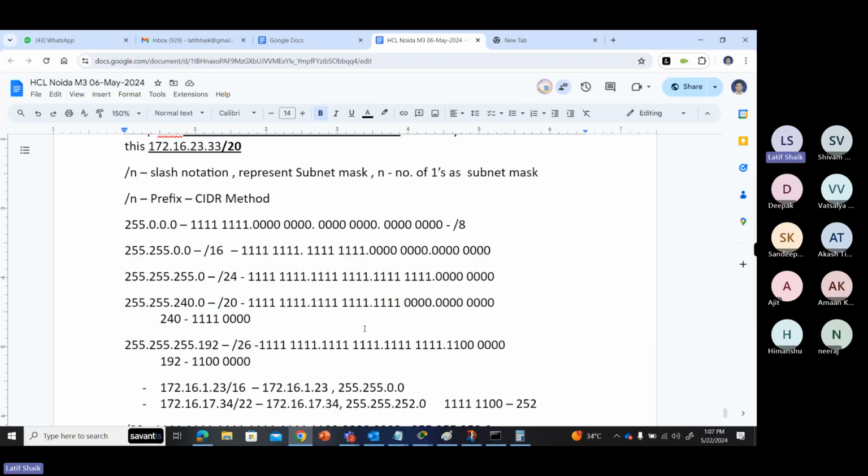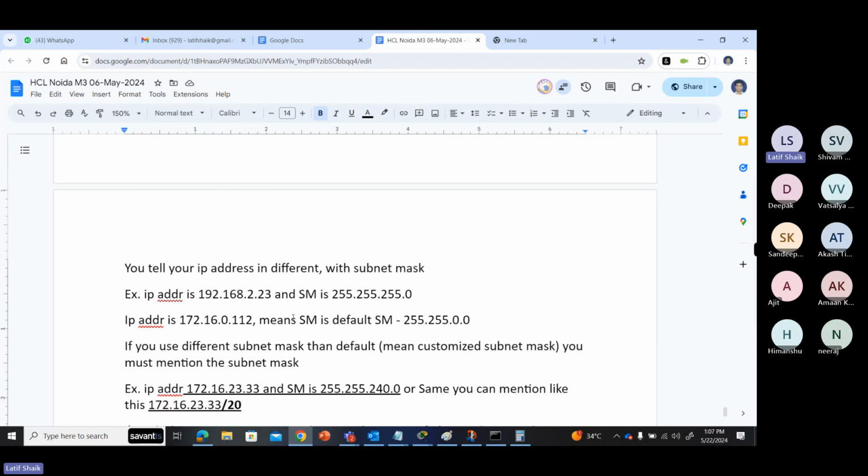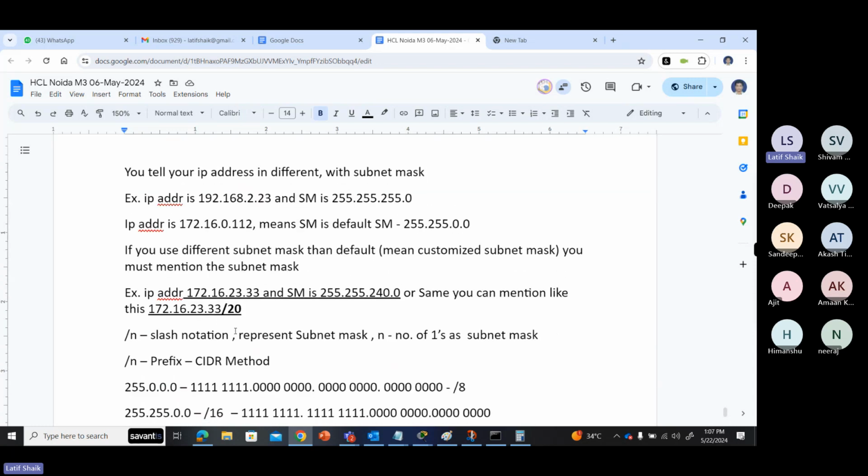So this is a slash notation, guys. What is this slash notation, or prefix, or CIDR method? It is a way of representing your subnet mask. Usually, when we use a classless subnet mask, we definitely have to mention the subnet mask. For classless networks, we use the subnet mask.